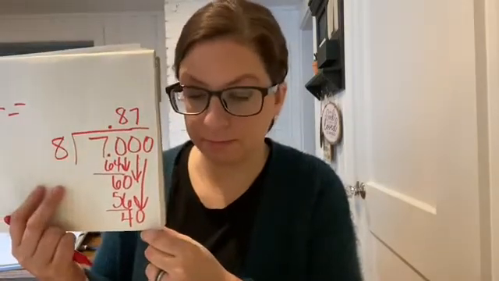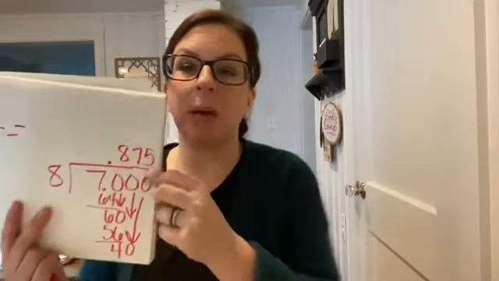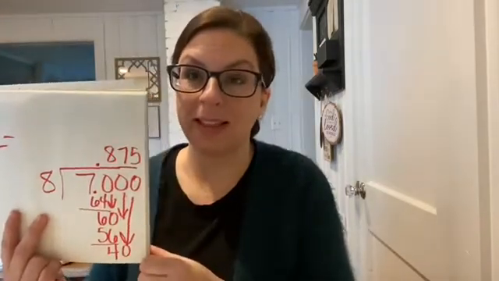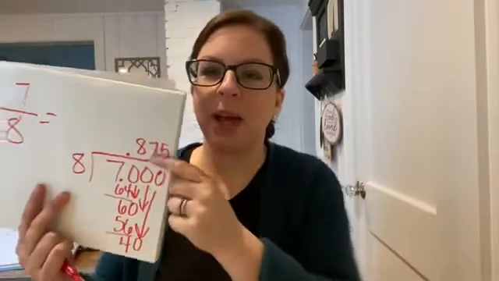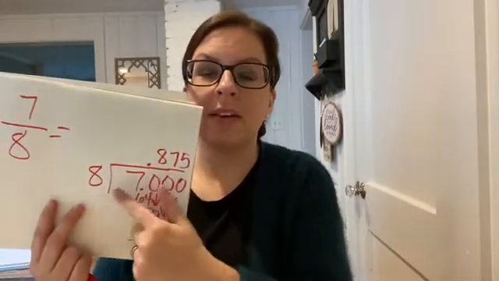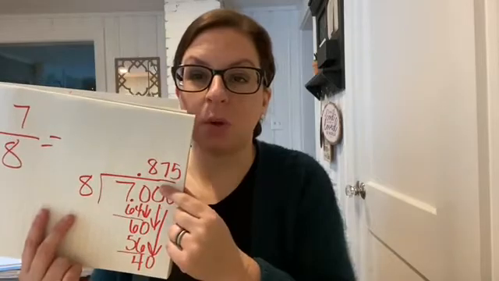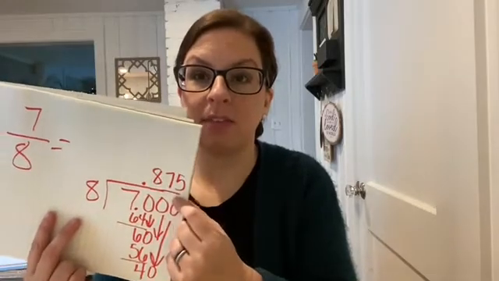How many times does 8 go into 40? 5. So this one stops at 5 because there's not going to be anything left. Some decimals can go on forever. So 7/8 as a decimal is 0.875.